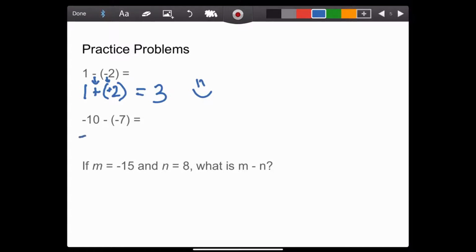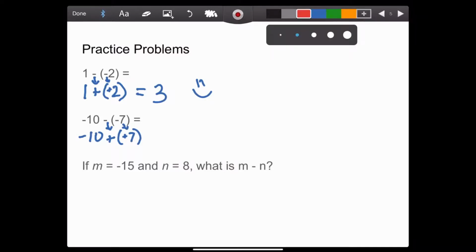If I have negative 10, this subtraction becomes a positive, and the 7 becomes a positive. So now I have a negative here and a positive here. That means the signs are different, so we're going to subtract in our head. So 10 minus 7 is 3.